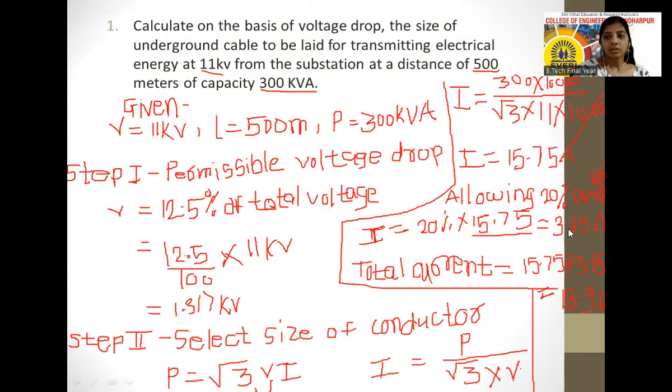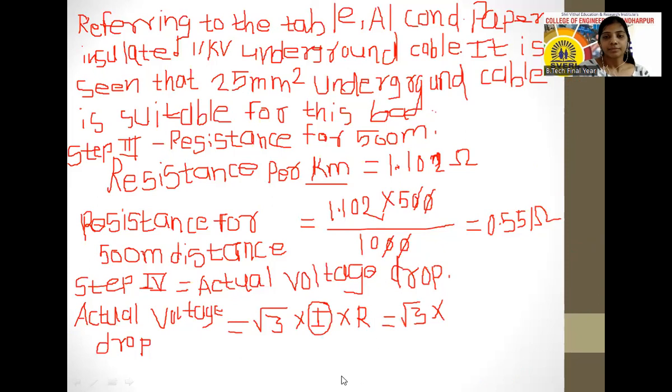So how much is the total current? 18.9 ampere. How much is the resistance? 0.551.